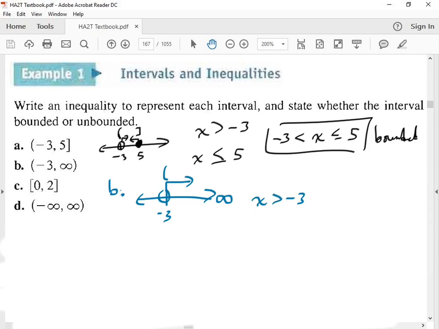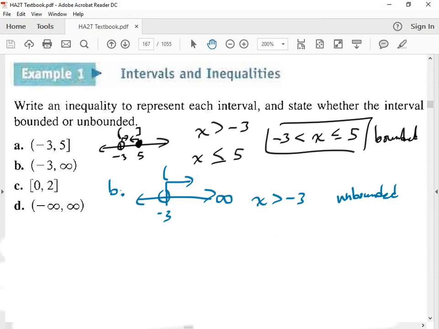X is greater than -3. You would not say equal to because it is not a solid dot. This is unbounded. Pretty much, the first one is bounded because we have definitive numbers. This one is unbounded because we are approaching infinity.